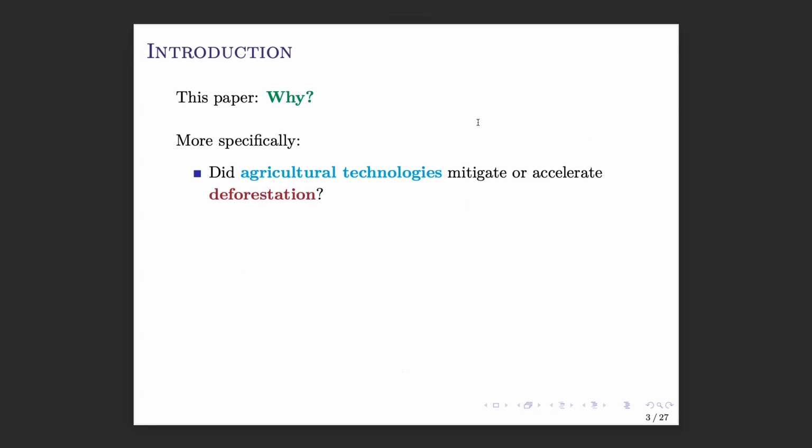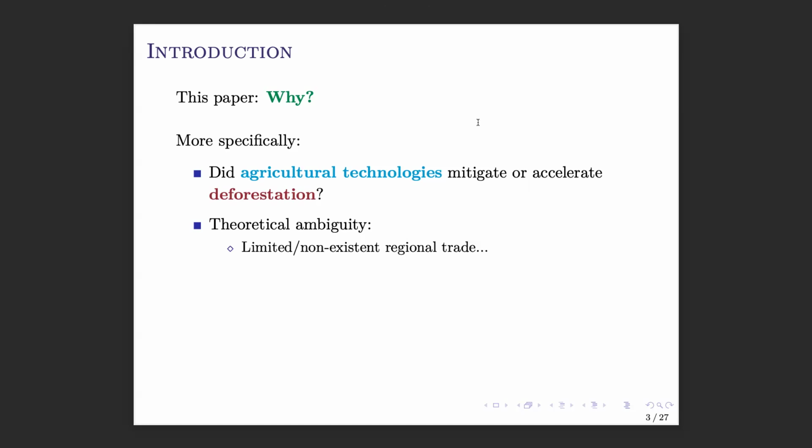So I'm interested in whether agricultural technologies mitigated or accelerated deforestation in this period. This is a fundamentally ambiguous question, and the reason is as follows.